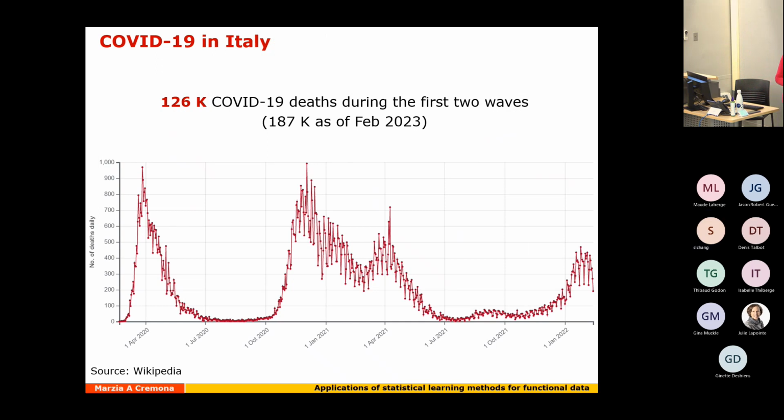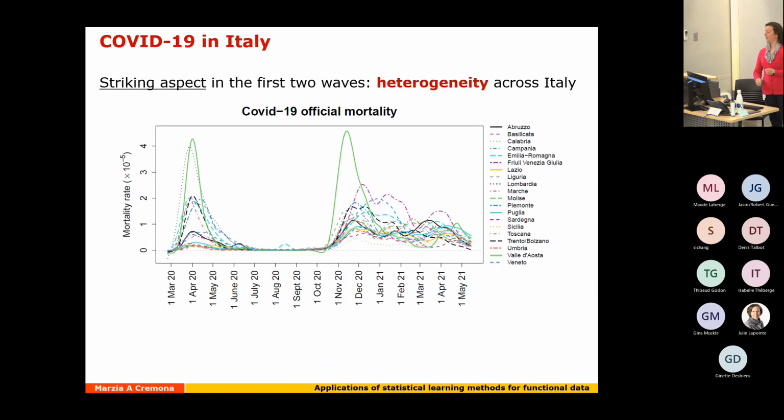COVID-19 in Italy hit very, very hard. Only during the first two waves, that basically ended in the summer of 2021, we had 126,000 deaths due to COVID. These are at least the official data. In reality, there are way more than these. One striking aspect about COVID-19 in Italy was that in different regions of Italy, the epidemic was completely different.